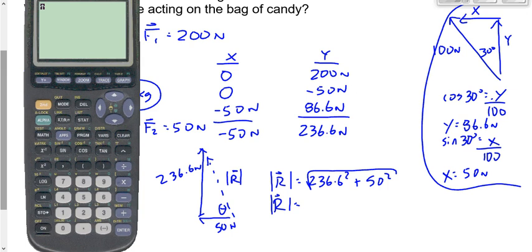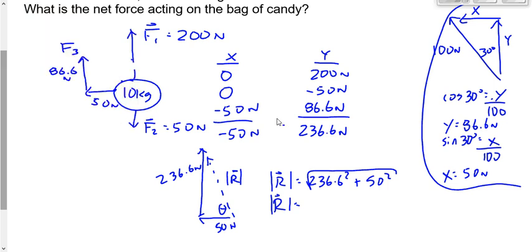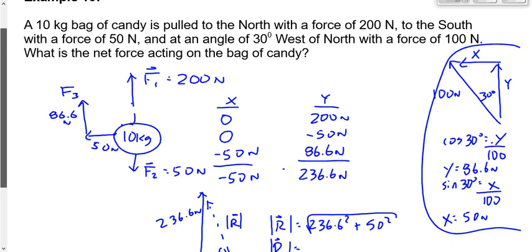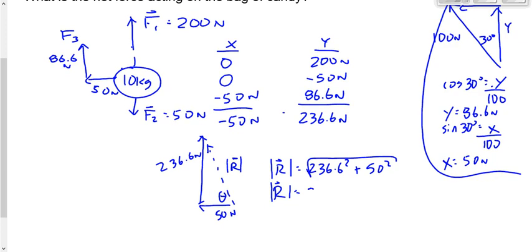Let's say the square root of 236.6 squared plus 50 squared gives me a value of 241.8, or we're going to round that to 2 digits: 2.4 times 10 to the 2 newtons.